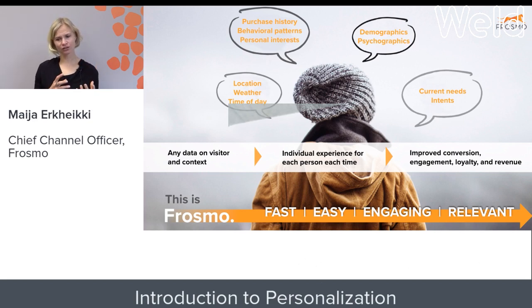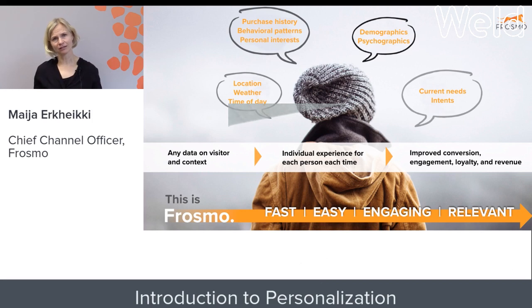So there is the location, weather, time of the day, contextual information, then history, interests, might be some demographical information available, and then based on the algorithms we have, we will be able to predict their current needs and intents. So we take all this background data, use that to create an individual experience to then actually drive conversions.